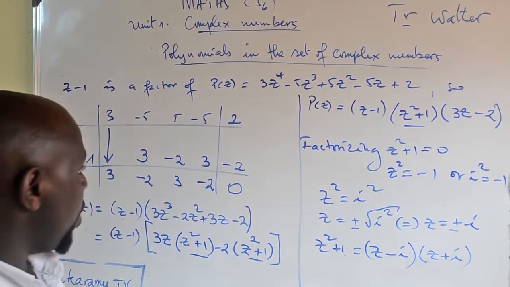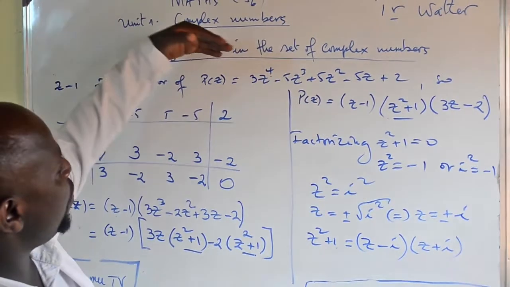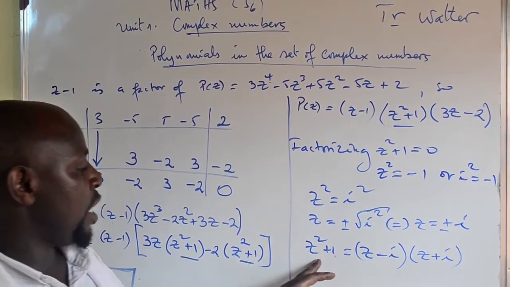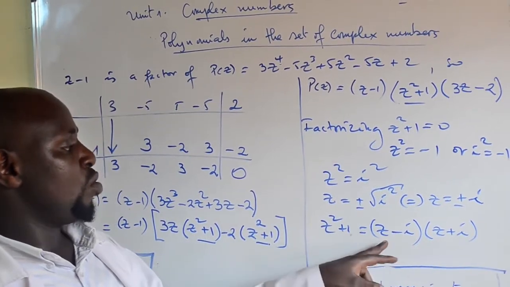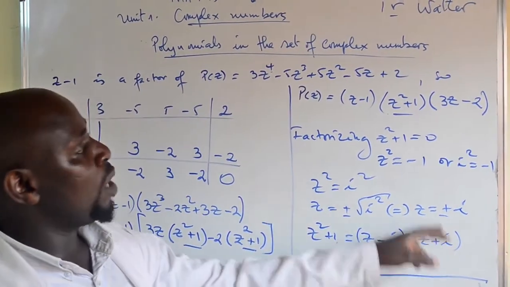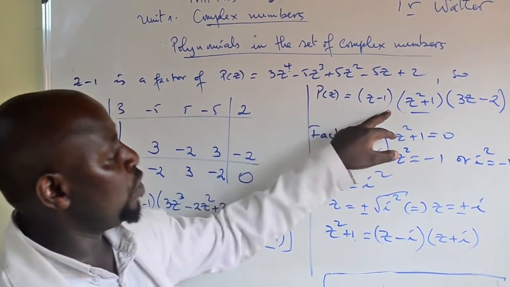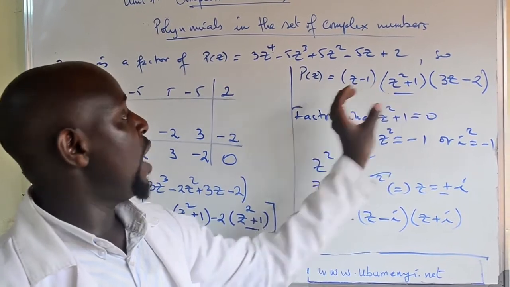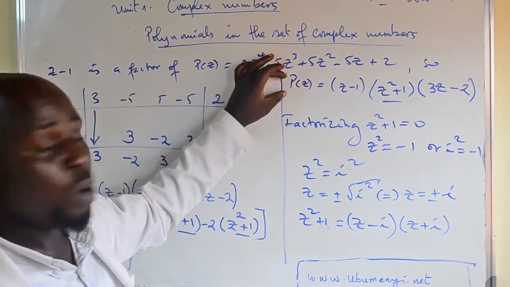Now, after all, we can get now the general factor form of p of z. After getting that z squared plus 1 equals z minus i times z plus i, we can now go back to here and put this factor form in this one, replacing it, and finally we get the factor form of p of z.